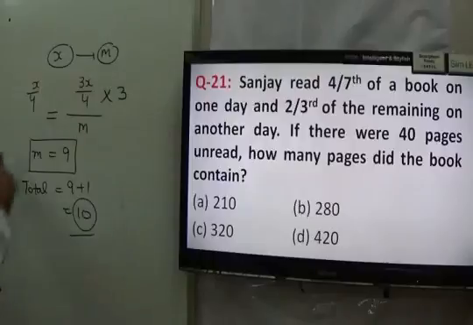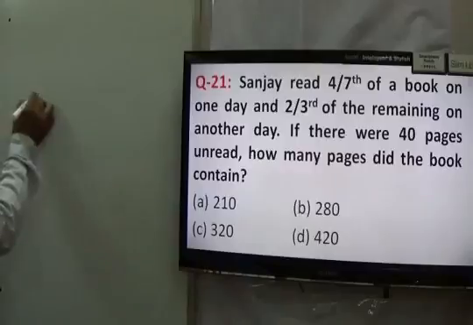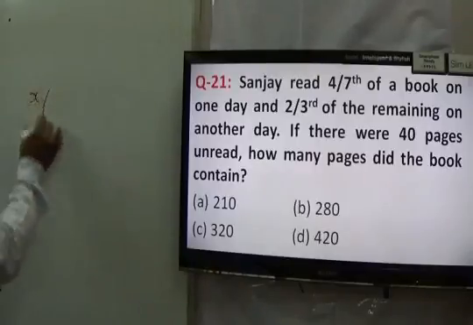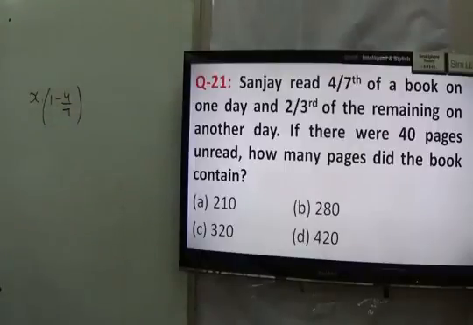Then you have question number 21. It is given that Sanjay read 4/7 of a book on one day, right? And 2/3 of the remaining, means it's a concept of remaining. Suppose the total number of pages is equal to x, he reads 4/7, means how much is left? 1 minus 4/7, right? 2/3 of the remaining on the second day.